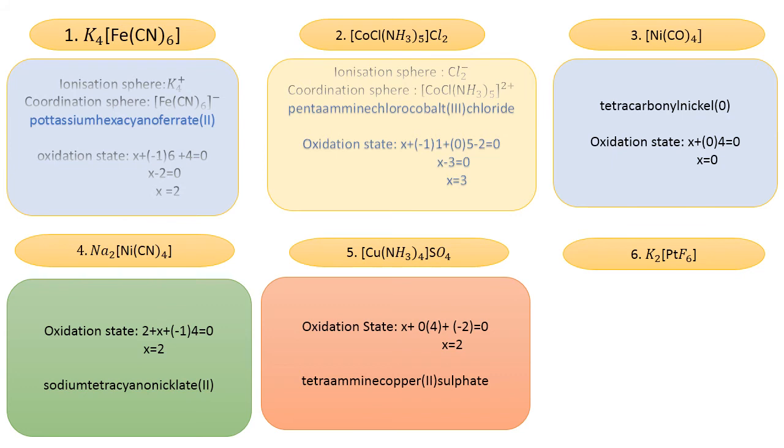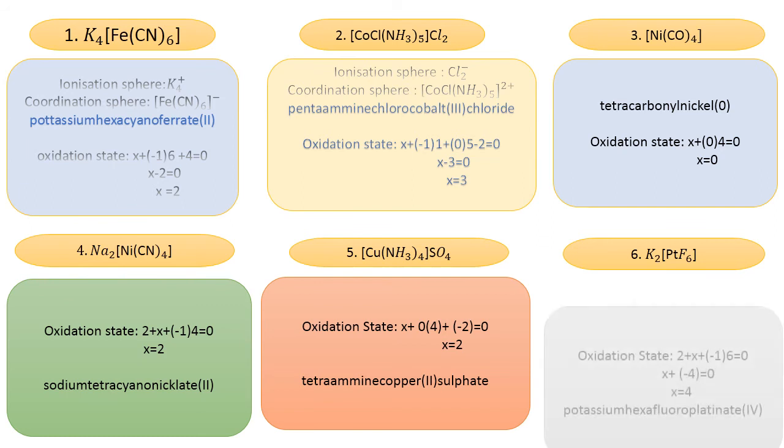Then X is equal to 2. And writing the name, firstly we have to write the name of the cation and then the name of the anion. Writing the cation first, by naming the ligand first, then the central metal ion, and then the oxidation state. So tetraamine copper 2 sulfate.